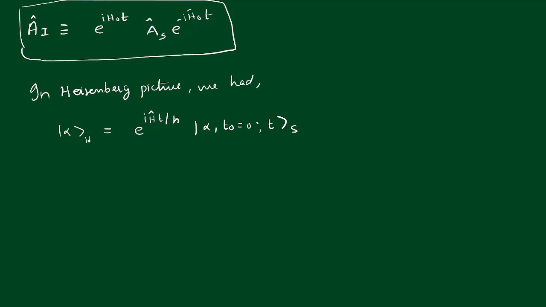In the interaction picture what you have here is only part of the Hamiltonian, only the known part. And in the Heisenberg picture we also had A_H equal to e raised to i H t by h cross, A, the Schrodinger picture operator, e raised to minus i H t divided by h cross. Is this clear?